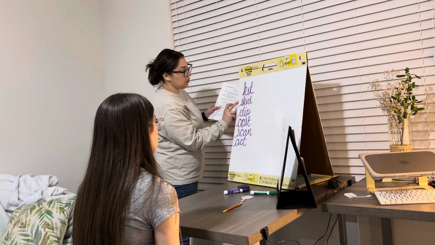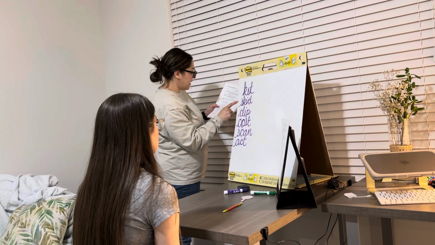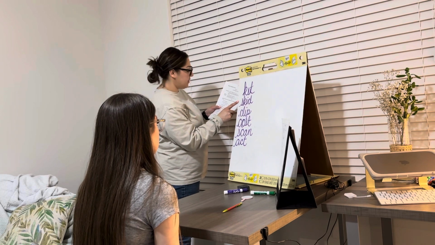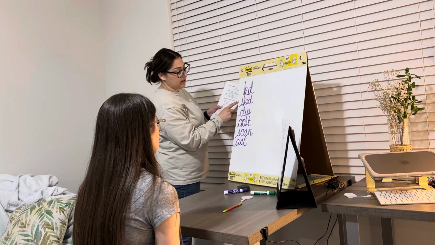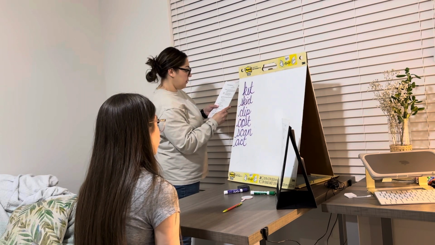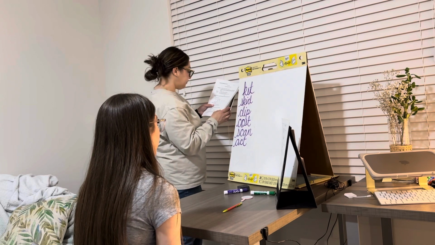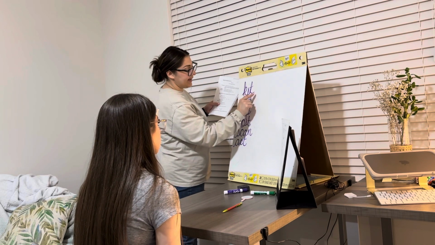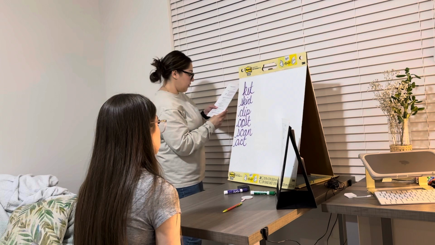In the first word and the second word, when is k spelled K? It's in the initial or the medial immediately before the I. Very good. So this word is kit, skid.